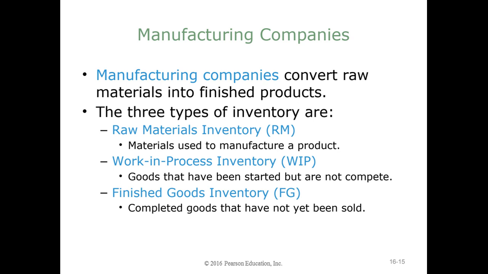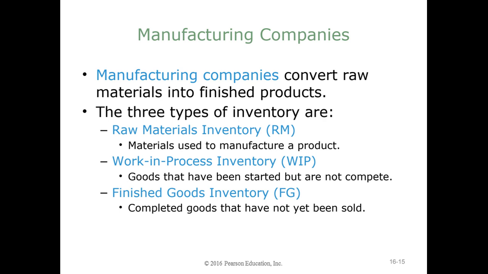There are 3 types of inventory. We have raw materials inventory, which is RM, work in process, WIP, and finished goods inventory, FG. So raw materials, this is the material that we use to create the product.